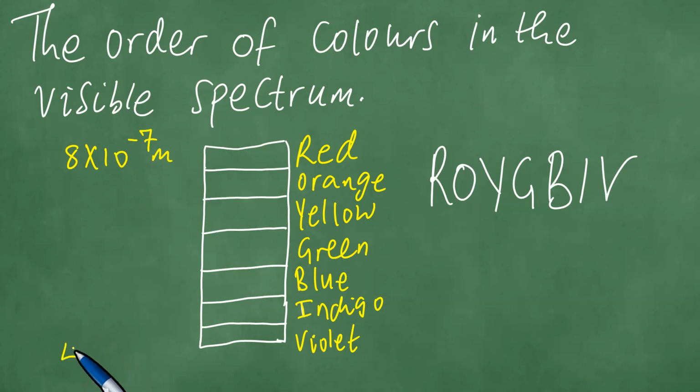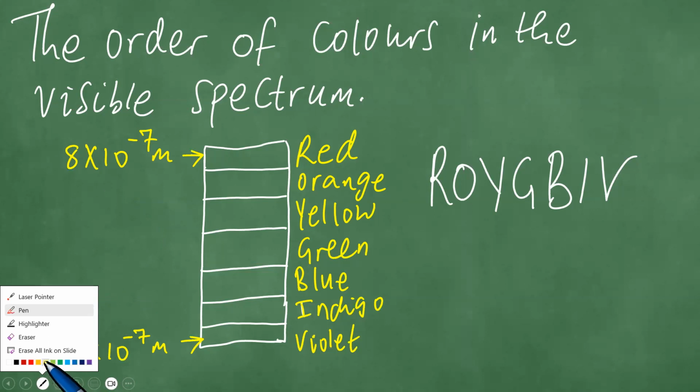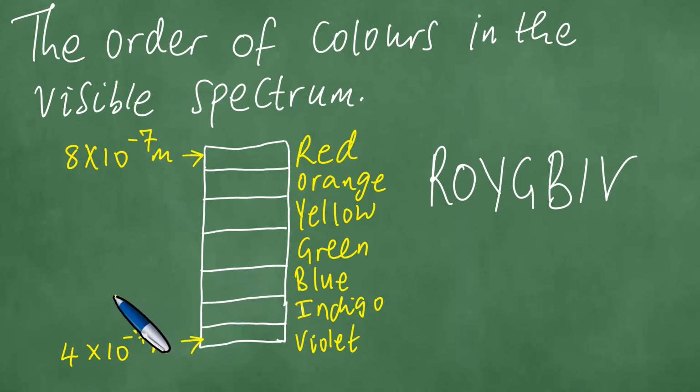And then you have the violet part of the spectrum, which is 4 times 10 to the power minus 7 meters.